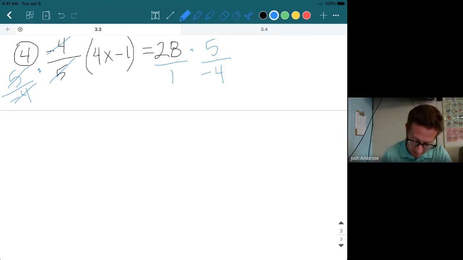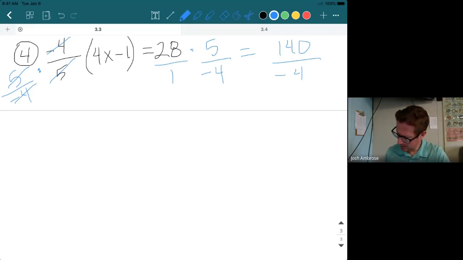All right, 28 times 5, let's see, that is 140. Negative 4 times 1 is negative 4. So that 140 over negative 4 is going to reduce to, let's see, 35? Yeah, okay.